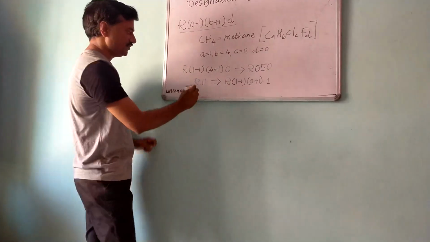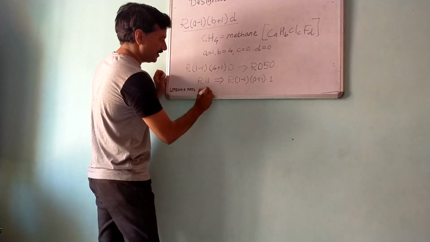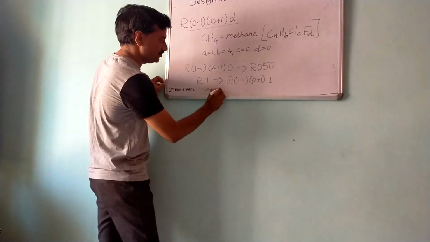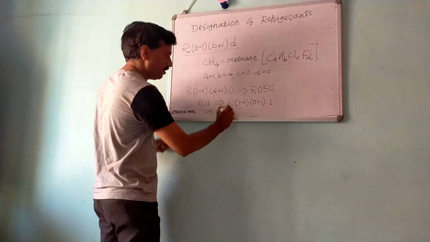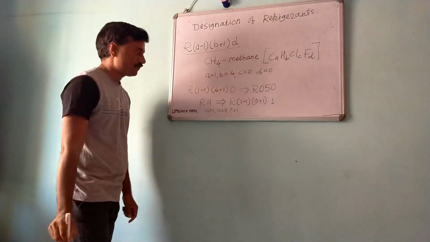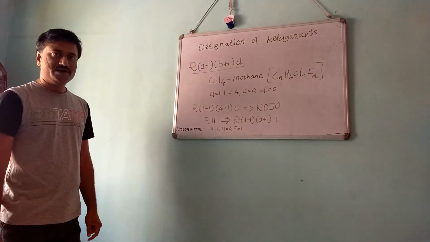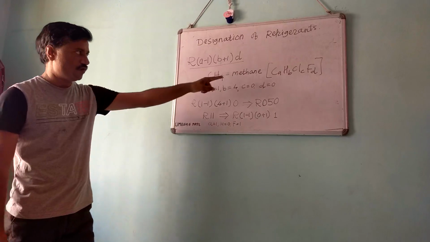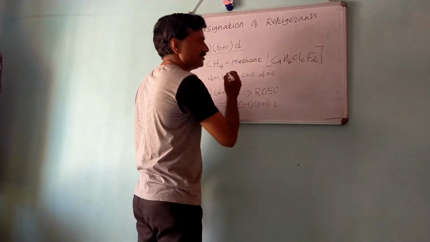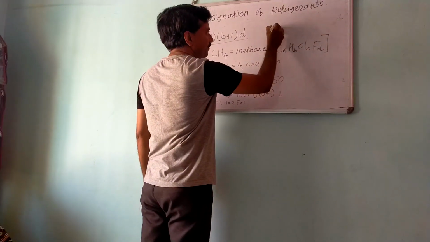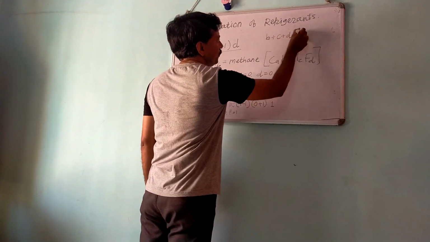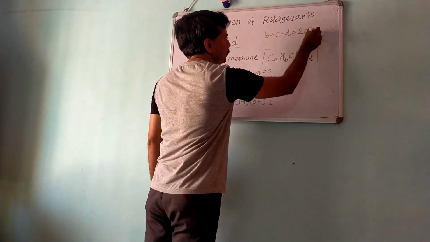So from this we come to know the number of carbon atoms is 1, number of hydrogen atoms is 0, number of fluorine is 1. Now we need to calculate the number of chlorine atoms according to this general equation. For that we'll use the carbon balance equation, that is b plus c plus d is equal to 2a plus 2.